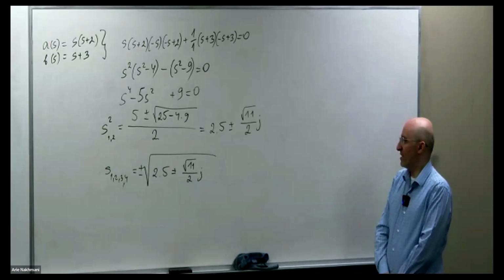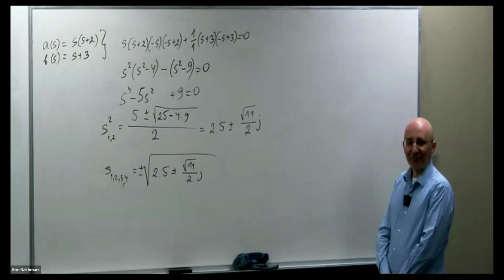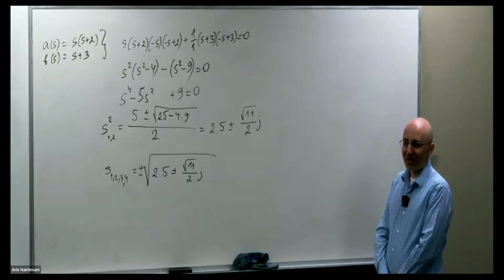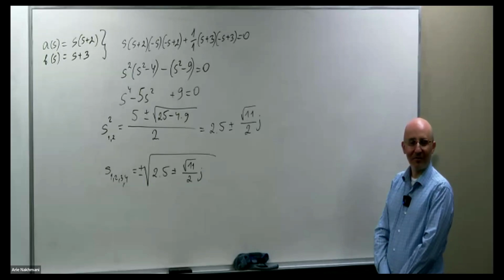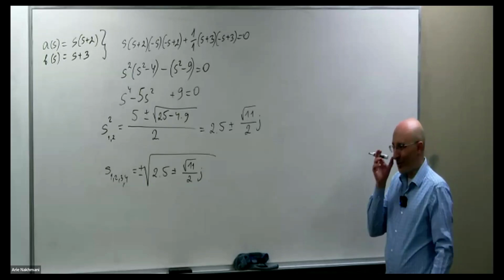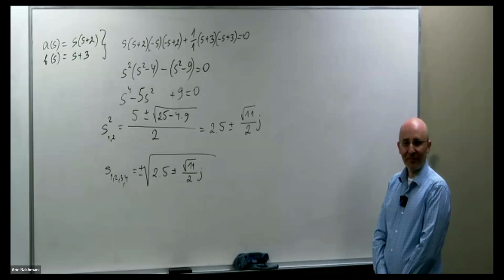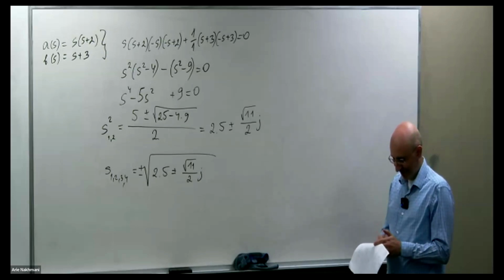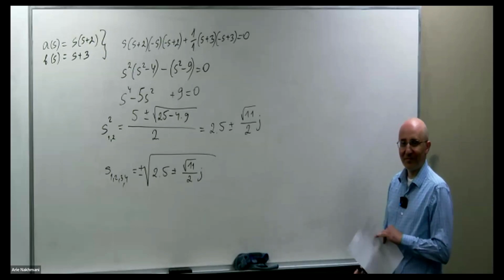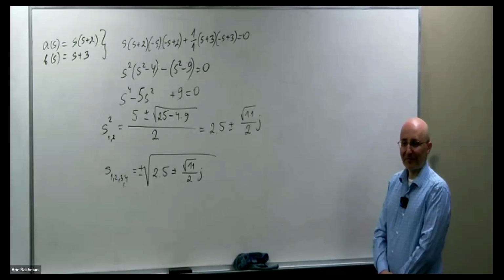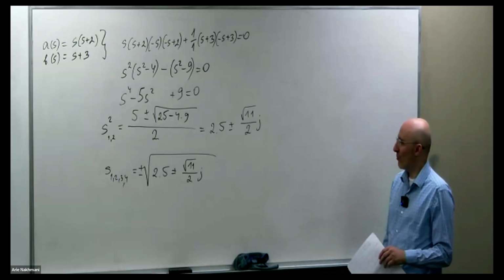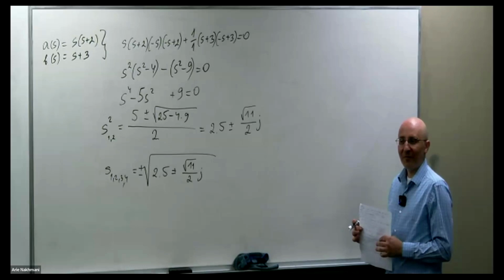How do you find these things? It has nothing to do with controls. This is just complex numbers. How do you find the root of a complex number?